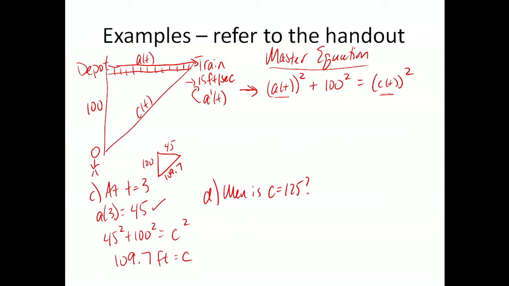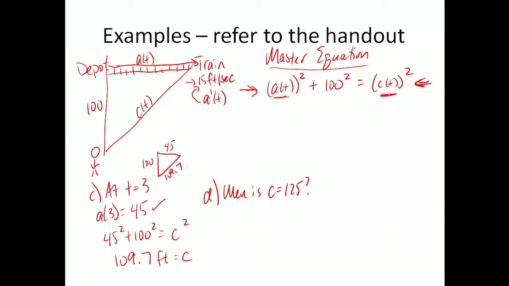Well, I don't obviously know that offhand, but I do have the Pythagorean theorem, or my master equation, which, I can't say this enough, you mostly just keep going back to the same fact. That says I always know that the A side squared plus 10,000 is the C side squared.